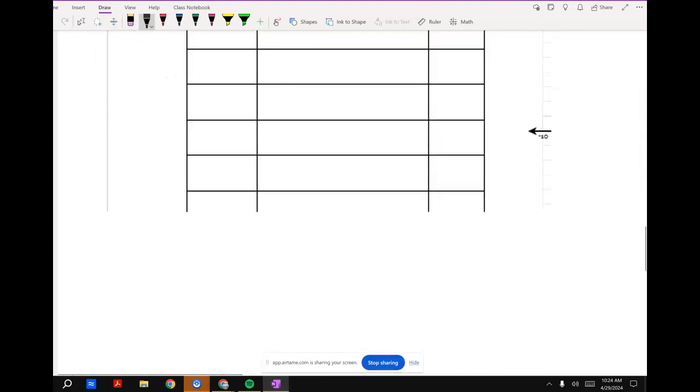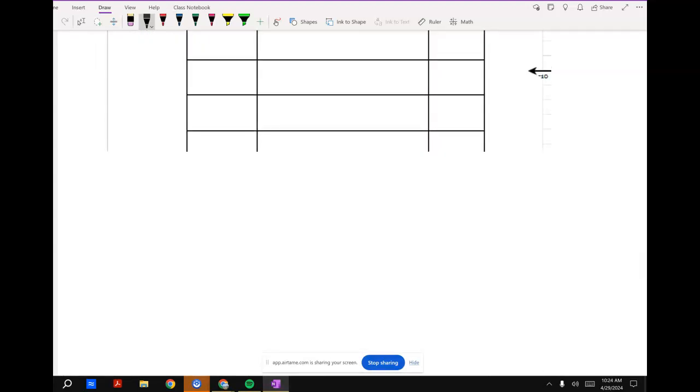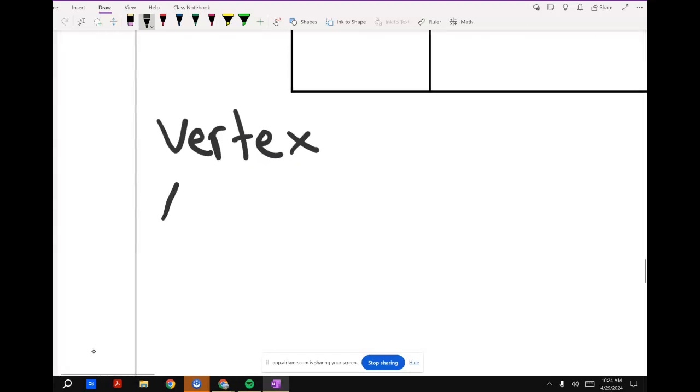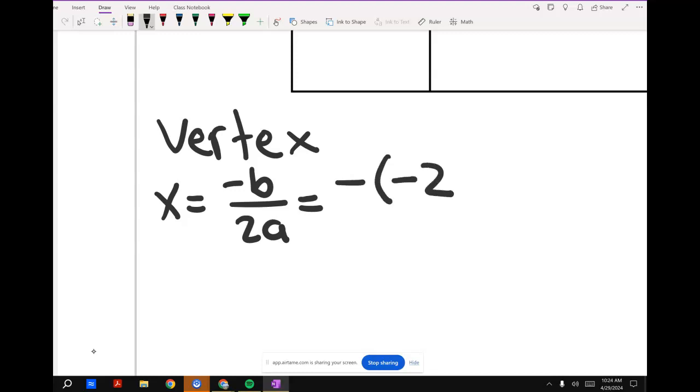Again, I'll do my work down at the bottom. So vertex, x is equal to negative b over 2a. And not something you have to write each time, but I like having it there when I'm doing it up on the board. So we have this negative, and then for b, we're plugging in negative 2.